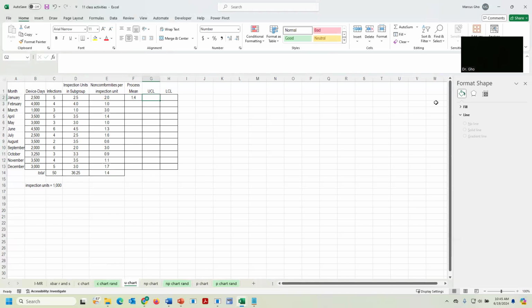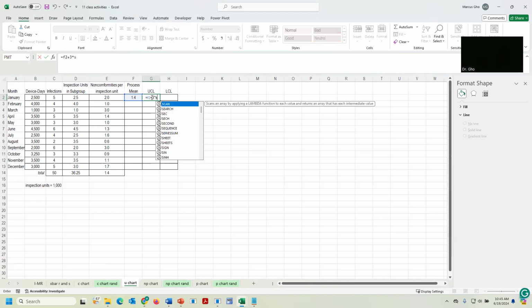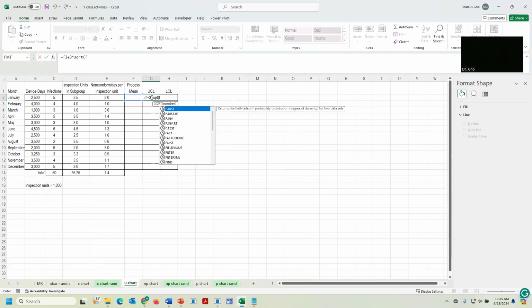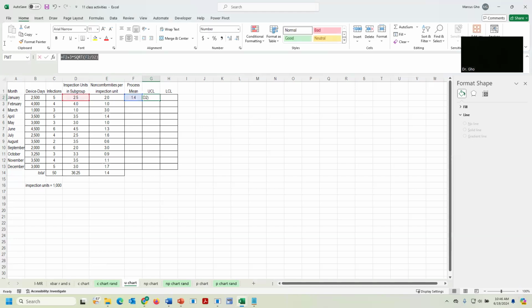The upper control limit is we're going to look at the mean plus, this time we're going to do 3 times the square root of the mean divided by the per 1,000 number we're looking at from column D. Depending on your industry standard, you might use 2 or 3.